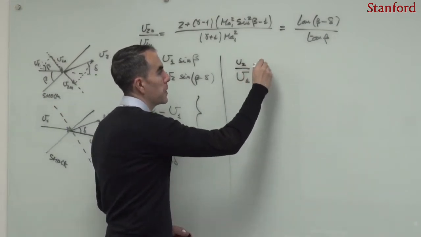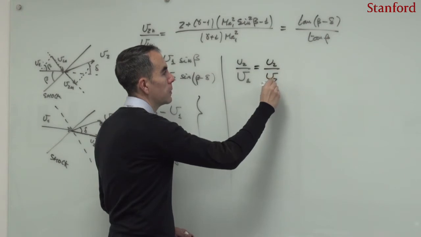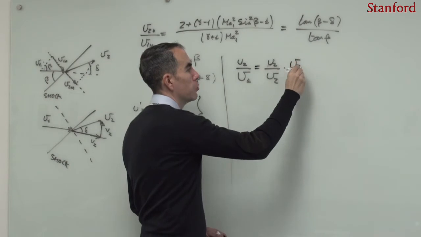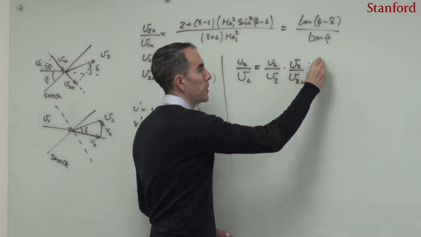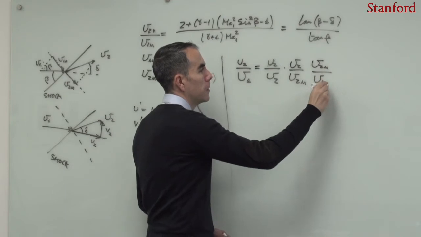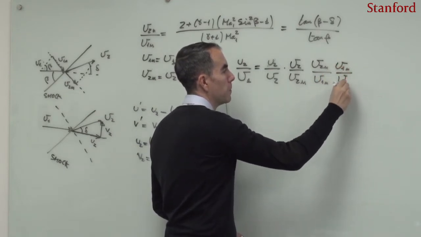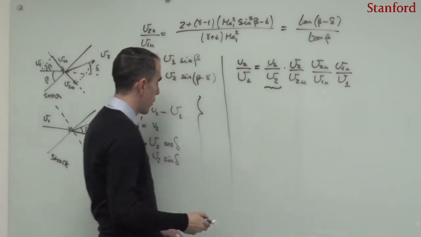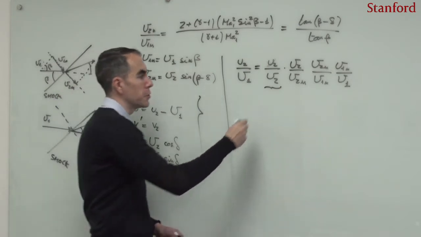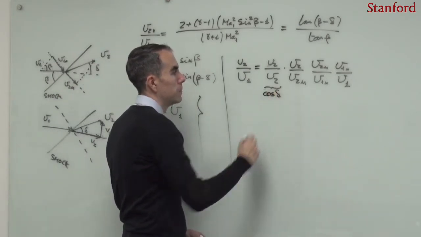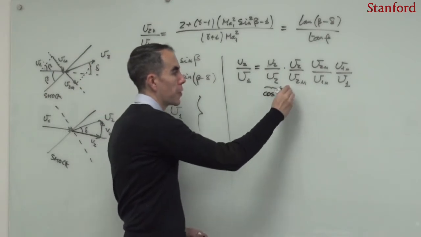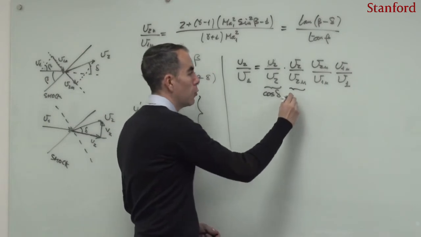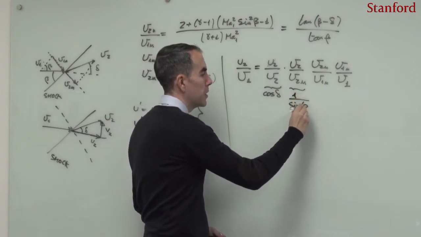This ratio can be expressed as u2 divided by capital U2, multiplied by capital U2 divided by U2n, multiplied by U2n divided by U1n, and multiplied by U1n divided by U1. In this expression, we already know from this that the first ratio is equal to the cosine of delta. This other ratio here, we already know from this equation is equal to 1 over the sine of beta minus delta.